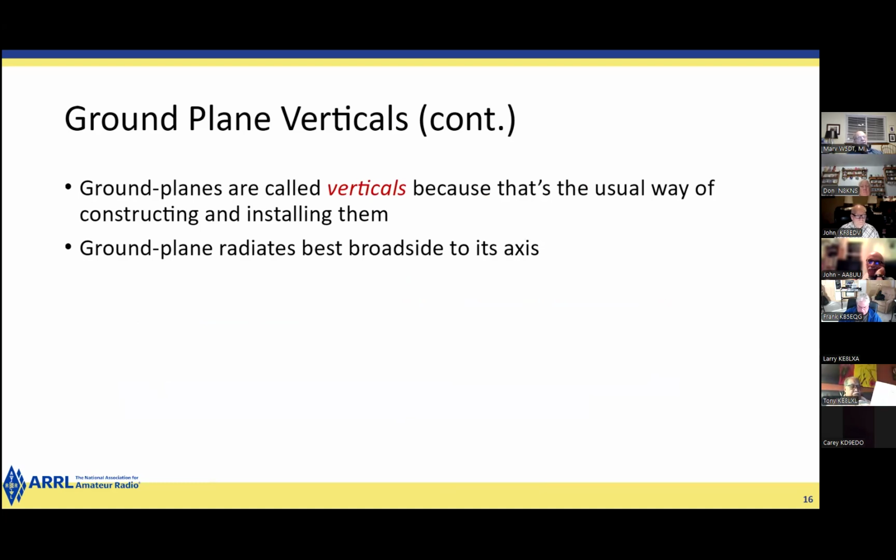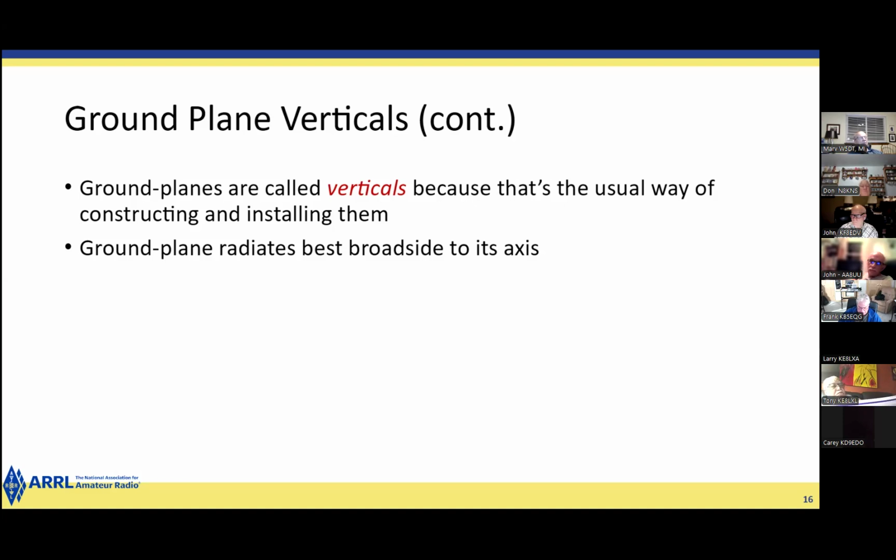You can support it and hang it from a tree limb, as long as you're getting close to the ground, and you have radials stretching out from it, and you have an electrical connection. And of course, it radiates best broadside to its axis.